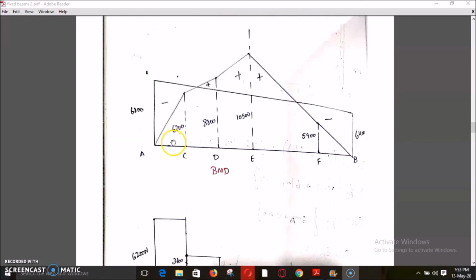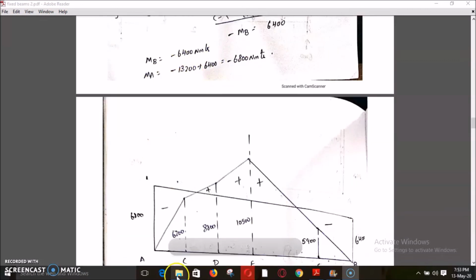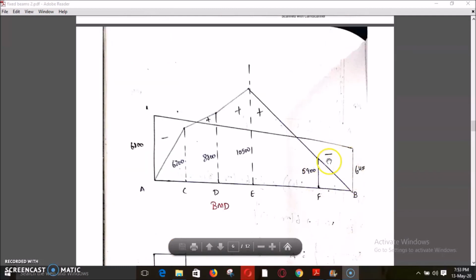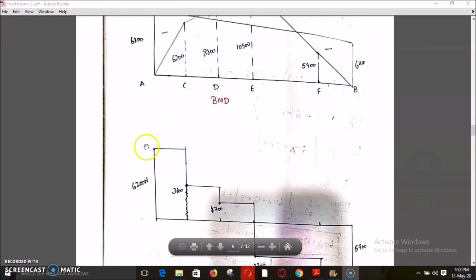So coming to the bending moment diagram, this is our bending moment diagram of the simply supported case, and I am marking the fixed end moments here, that is MA value is 6,800 negative and MB value is 6,400 negative. So this is my bending moment diagram.